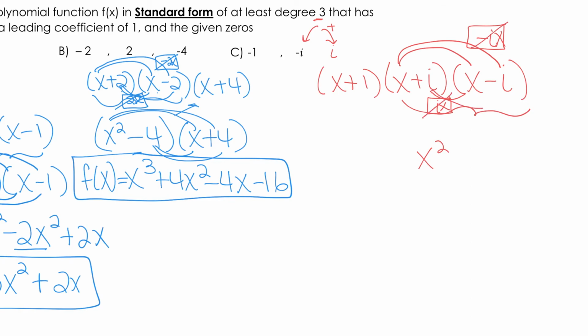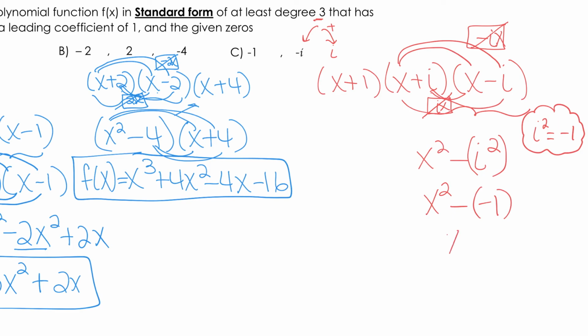And then you would have an i times a negative i, which is a negative i squared. Now, remember, i squared is equal to negative 1. So you can substitute for i squared a negative 1, which is going to give you x squared minus a negative 1, which is x squared plus 1.